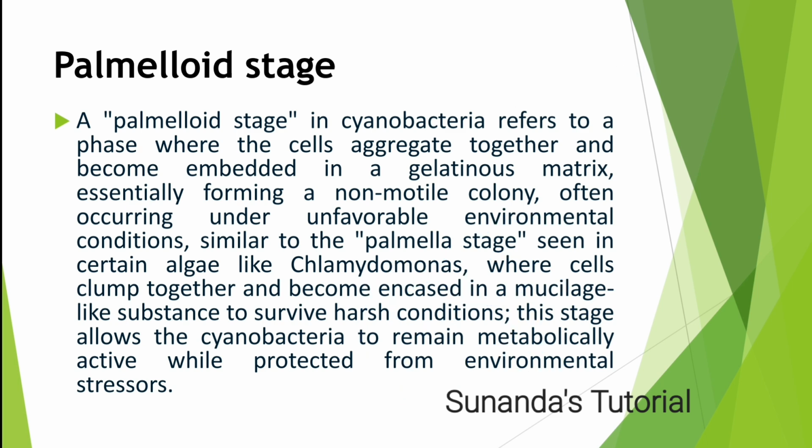This type of structure is typically formed during unfavorable environmental condition, and it is exactly analogous to the palmella stage, which commonly appears in Chlamydomonas. After the unfavorable condition, they separate from each other and grow as new individual cyanobacterial cells.